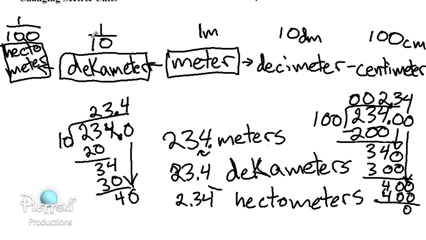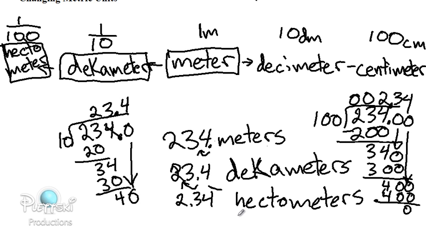So you're actually dividing it by 10. And then a hectometer is 1/100th of a meter. So you start with meters, and you can either divide it by 10 and then divide it by 10 again, or just divide it by 100. And each time you divide it by 10, you move the decimal over to the left one more time. Okay?